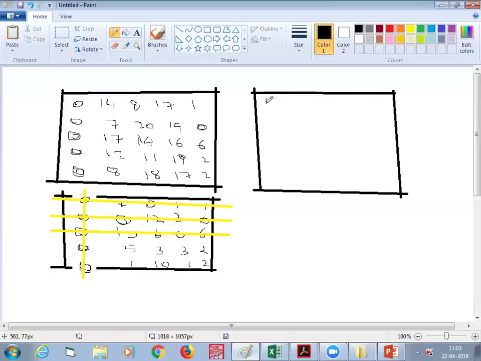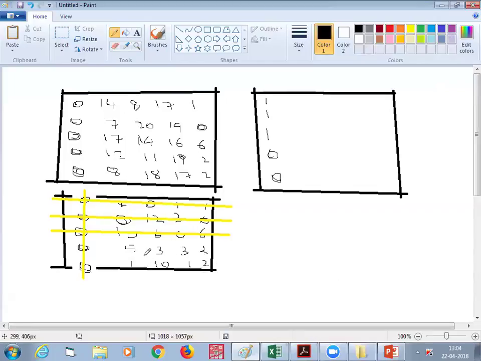So 1, 1, 1, it will become 0, 0. These remain unchanged.